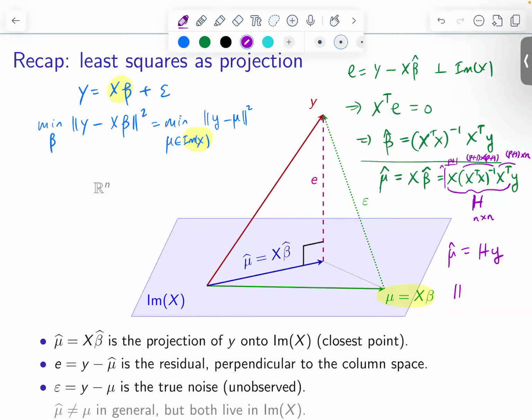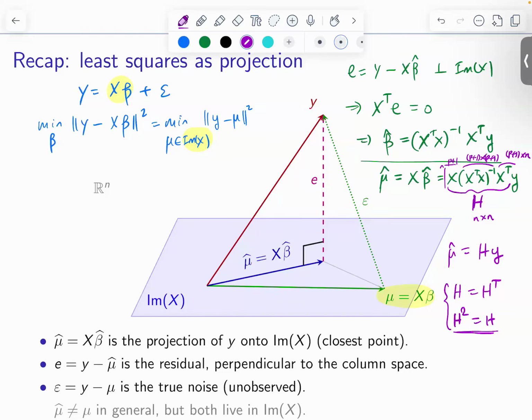So H has the property that H is equal to H transpose and is idempotent, which means that if I square it, it's equal to itself. And these are actually defining properties of the orthogonal projection matrix. So a matrix that has these properties is an orthogonal projection matrix.